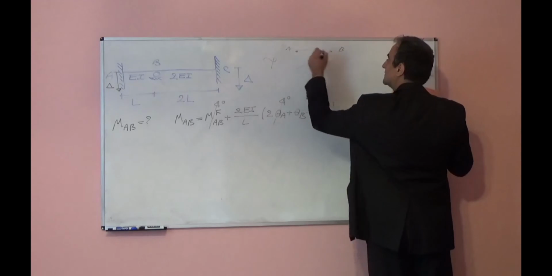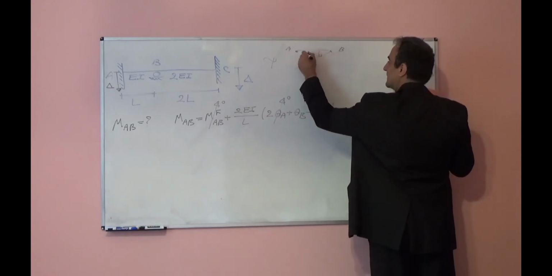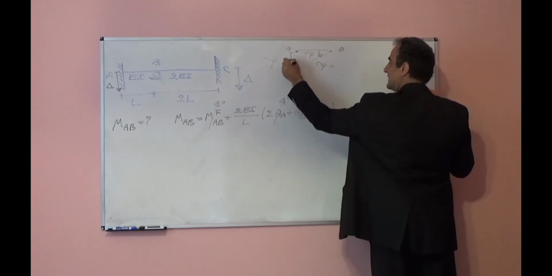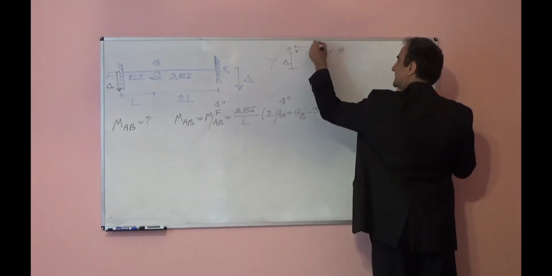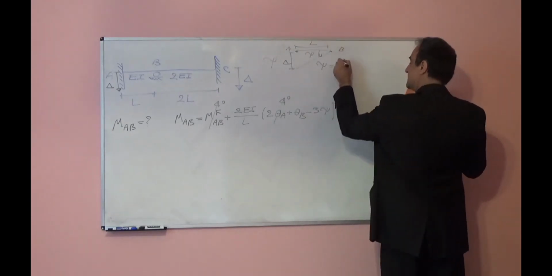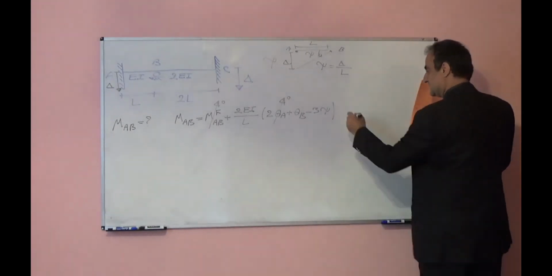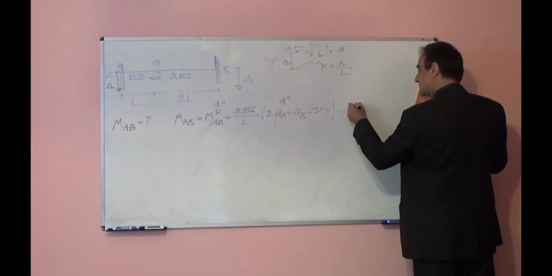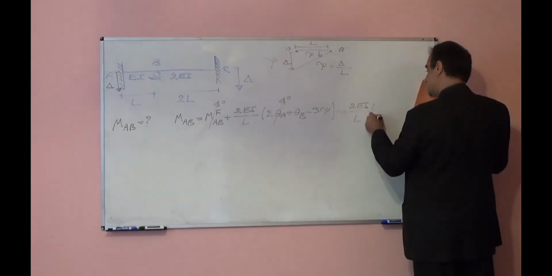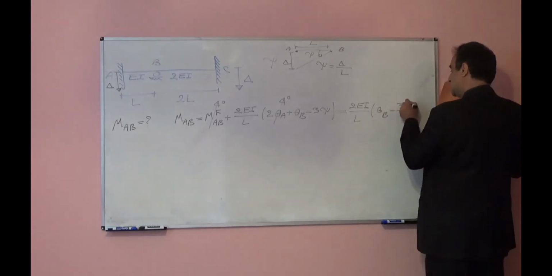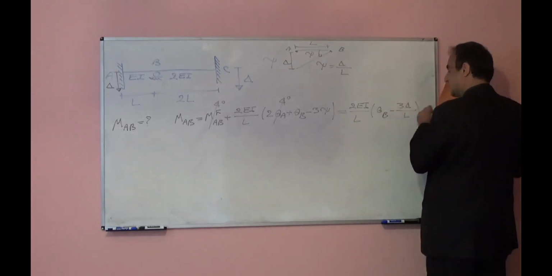So it will be counterclockwise. Psi will be delta over L. If I plug here, this will be equal to 2EI over L theta B minus 3 delta over L.